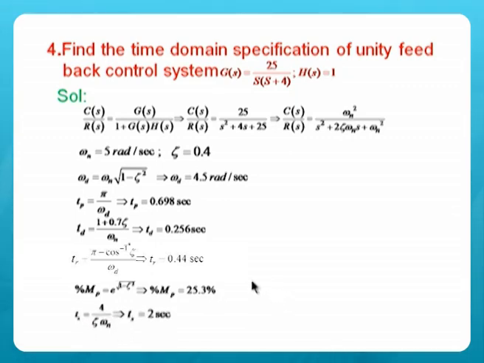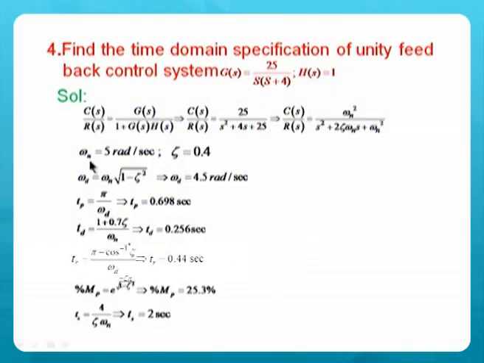And settling time at the last using 4 by zeta omega n, you will get 2 seconds. So you can see delay time 0.256, next rise time, next peak time, and finally the settling time, it is 2 seconds. So this is the way you should calculate the time domain specifications when zeta and omega n are obtained from this second order closed loop transfer function by comparing with the standard second order system.